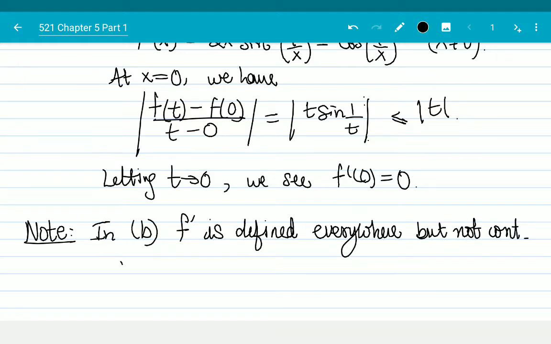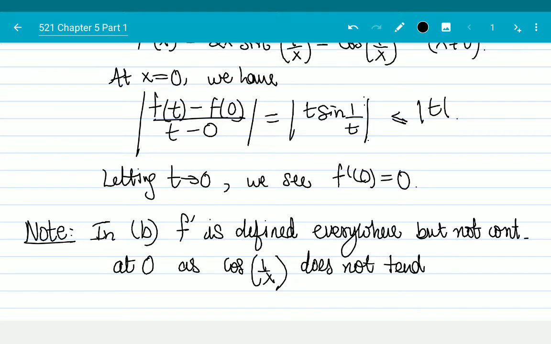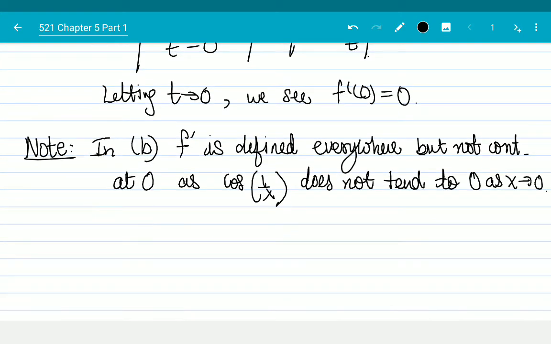Not continuous at 0, as cosine of 1 over x is not defined at 0, does not go to 0. 1 over x does not tend to 0 as x tends to 0. Okay.